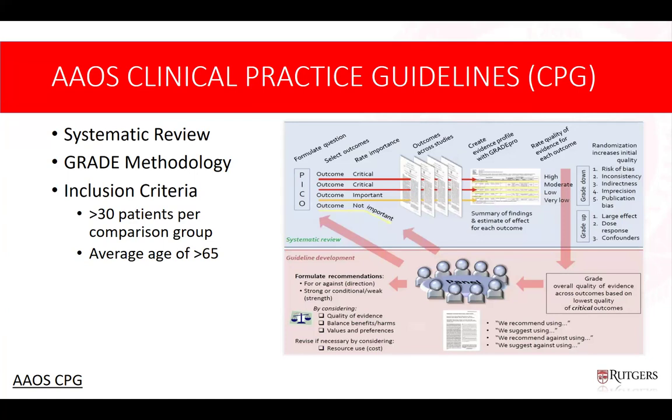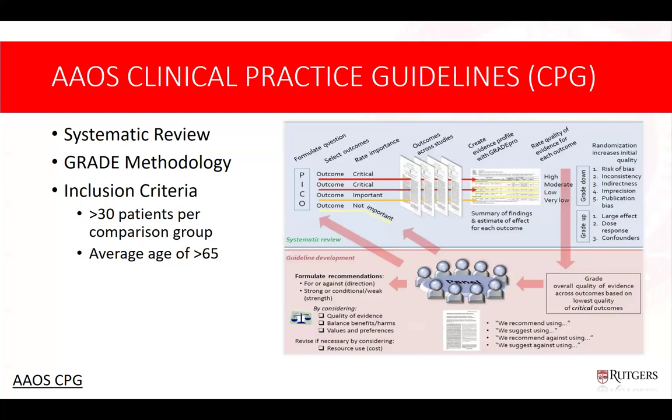To learn about the guidelines, you have to know how they were put together. It's basically a giant systematic review. They organize a bunch of different PICO questions to answer certain outcomes for hip fractures. They look through all of the research. A panel of experts grades the research based on the quality of evidence and then gives recommendations based on that research.